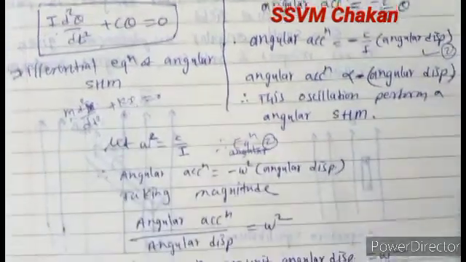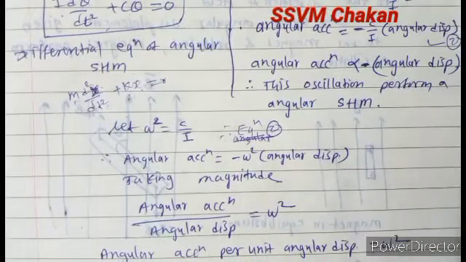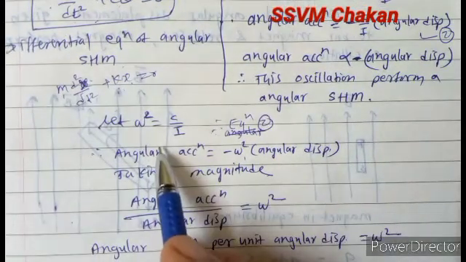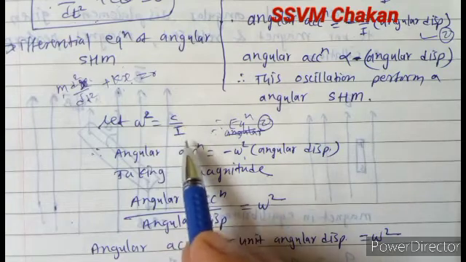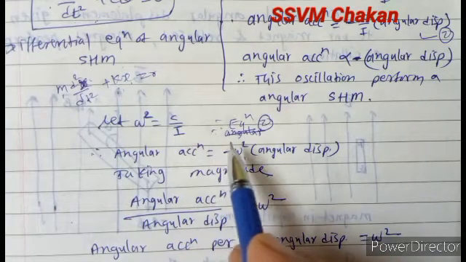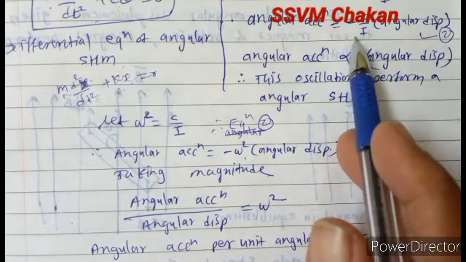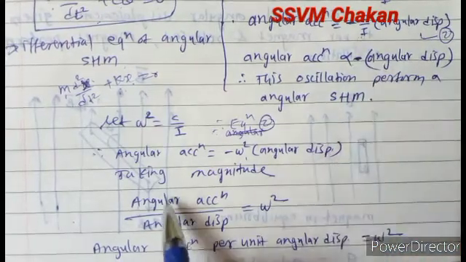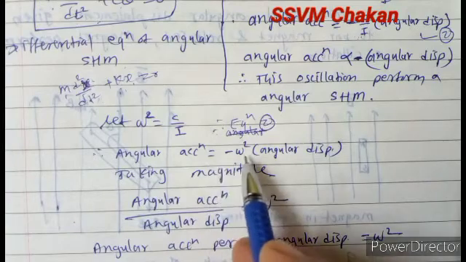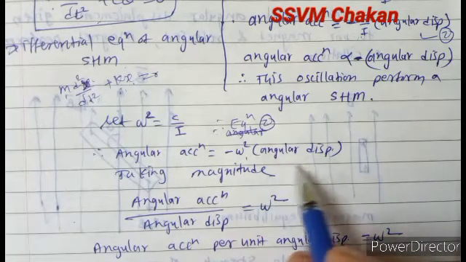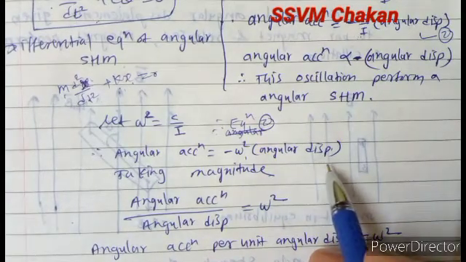To find out the period of angular motion, let omega square is equal to c divided by I. Therefore, substitute that in equation number 2. We substitute this value here. We get angular acceleration is equal to minus omega square inside bracket angular displacement.